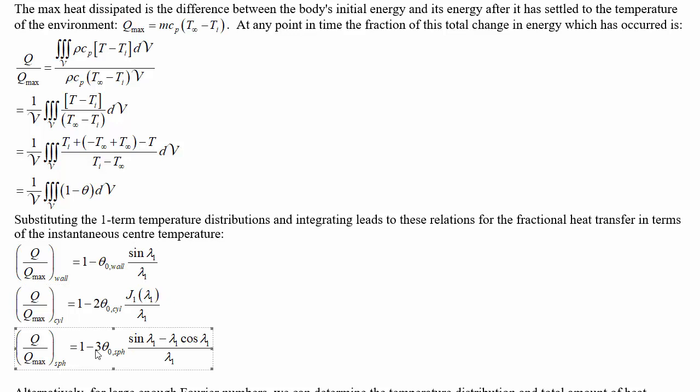And for the sphere, same kind of a formula, but with a 3, and sine lambda 1 minus lambda 1 cos lambda 1 over lambda 1. Again, remember that the lambdas that you use depend on which temperature distribution you're talking about. So the lambdas for the wall are not the same as the lambdas for the cylinder, even though they all have the subscript lambda 1.